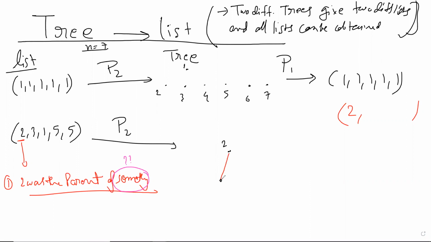Exactly, so that is the least numbered leaf. What is that least numbered leaf? No, not one, you have to think about it. One is not a leaf, because one was already a parent of something at some point.